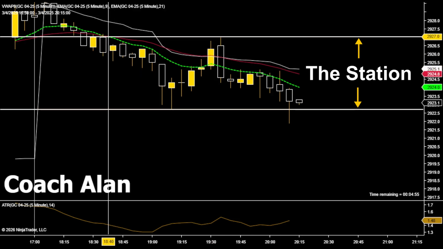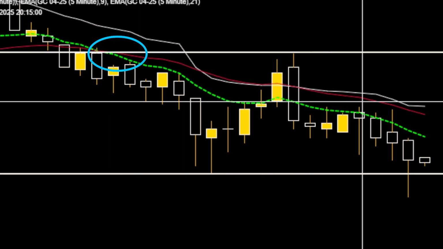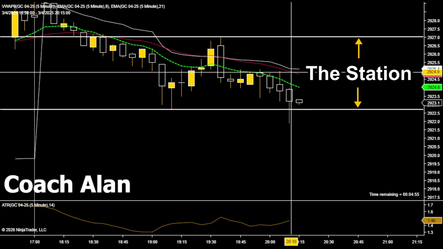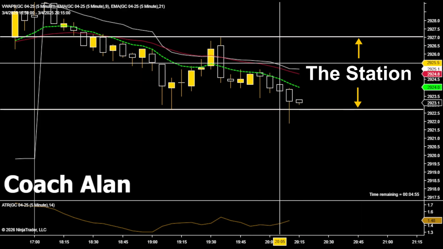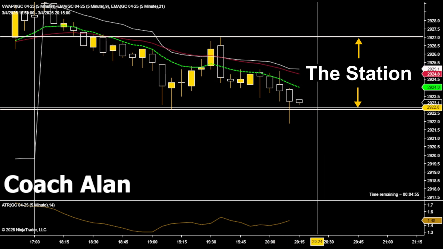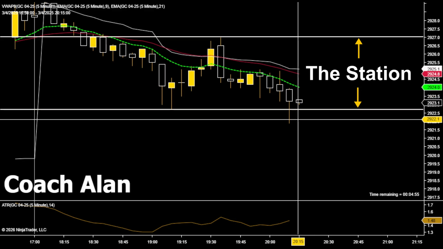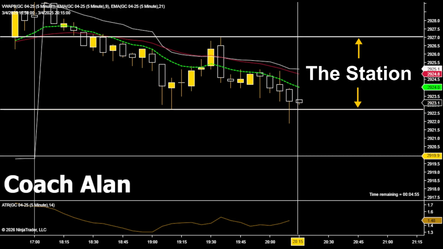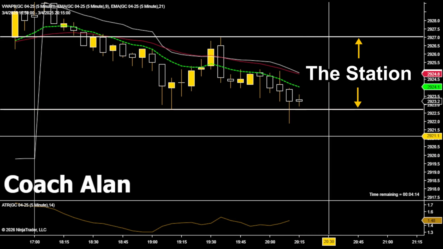See this cross right here, where the red crossed the green? That's what you want to see. You want to see both of your EMAs fanning out, spreading apart. If all of that lines up, then we are good to look for a sell, a bearish movement. So we're going to start the action, and I just want y'all to watch.